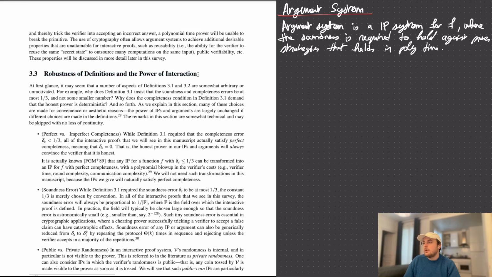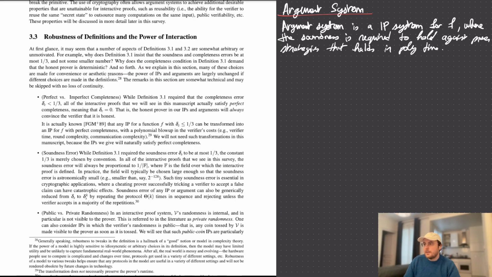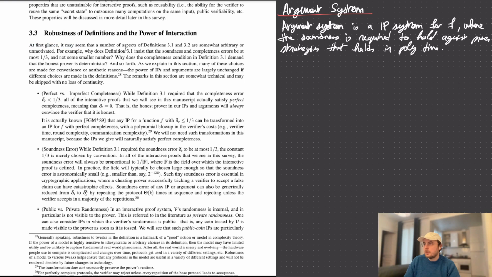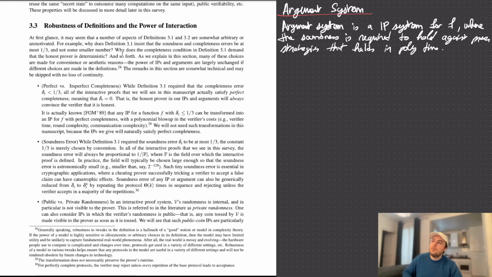Robustness of definitions and the power of interaction. At first glance, it may seem that a number of aspects in definitions 3.1 and 3.2 are arbitrary or unmotivated. For example, why does definition 3.1 insist that the soundness and completeness error be at most 1/3 and not some smaller number? And why does the completeness condition in definition 3.1 demand that the honest prover is deterministic, and so forth?